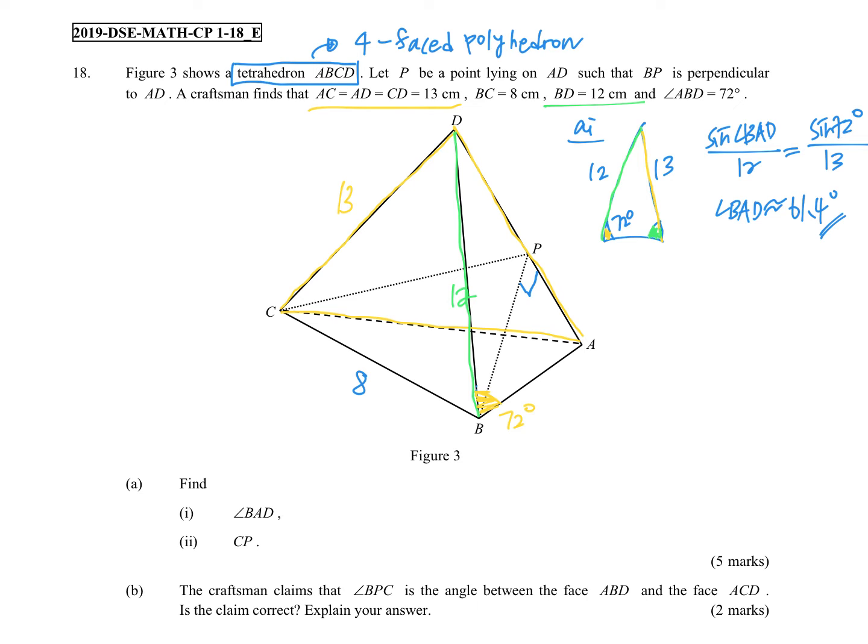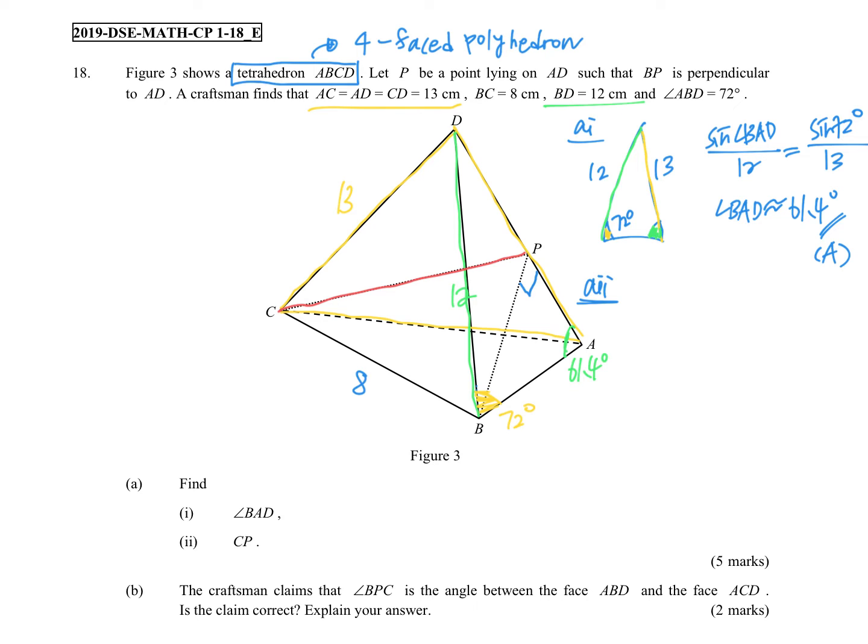So remember this is A maybe. So A2, CP, we need this. Okay, where should we find it? After we have 61.4, this is 61.4, so we can find BP then.